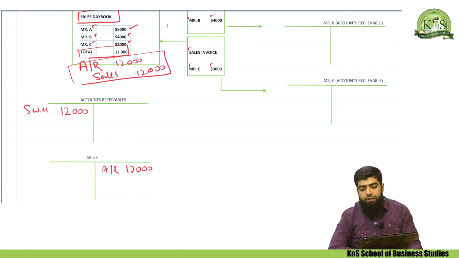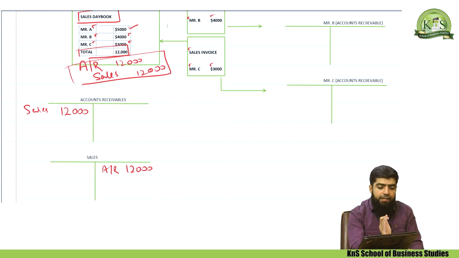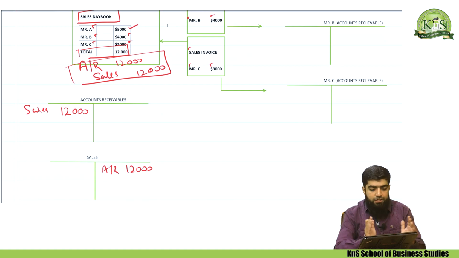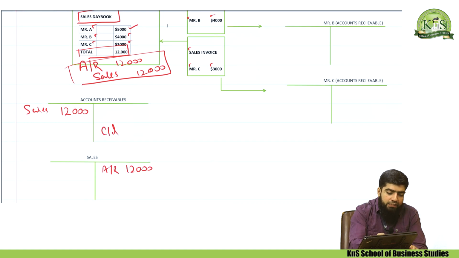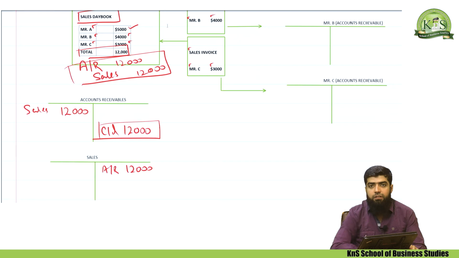After preparing the accounting entry, we posted the amounts into the general ledgers, the T accounts. If I ask you a question, can you tell me the closing balance of the account receivable? Yes, obviously every one of you could tell me the balance on the receivable account is $12,000.